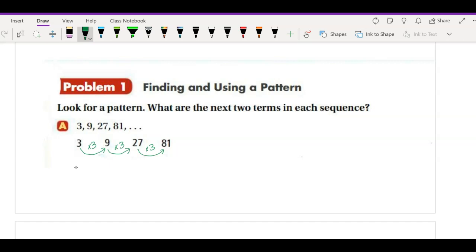So notice how I found the pattern really quickly. All of the patterns aren't going to be so obvious, so just be careful with that. So our next two numbers are 243, and 243 times 3 gives me 729.